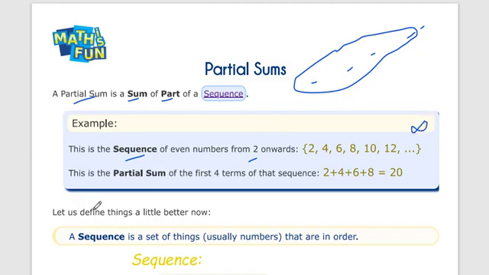It is infinite, but a partial sum is, for example, the first 4 terms or the first 5 terms, a countable number of terms. If we add the first 4 terms of the sequence, the partial sum becomes 20.